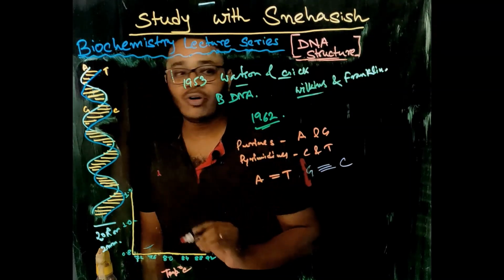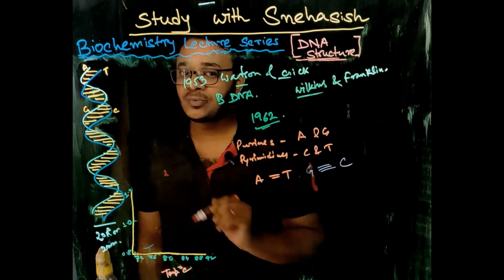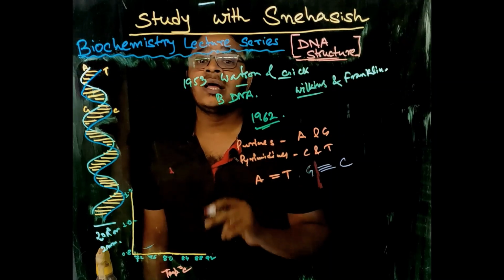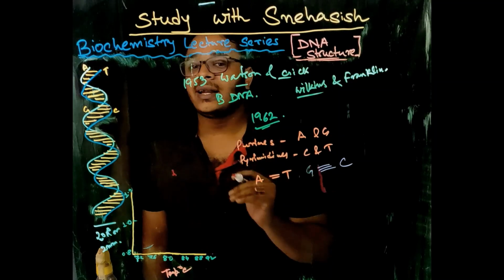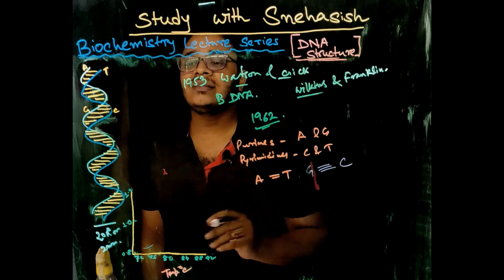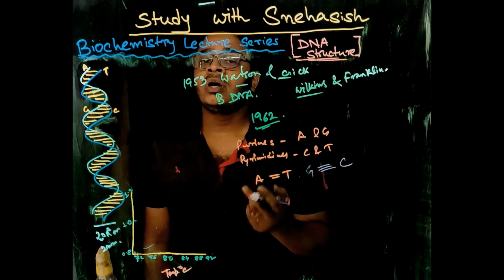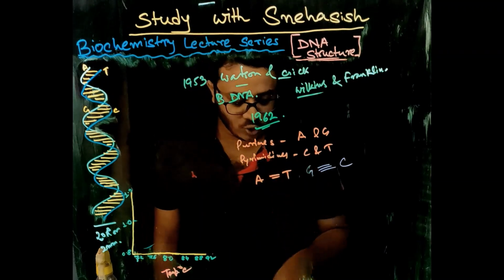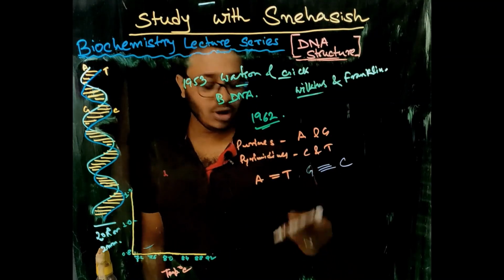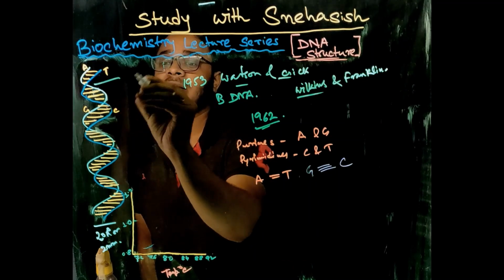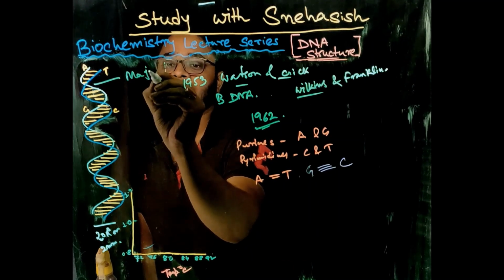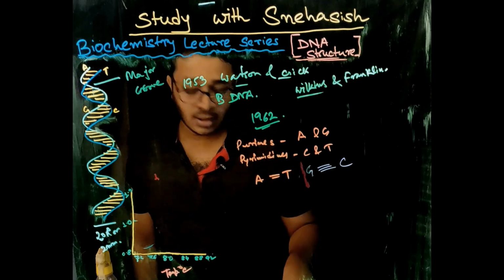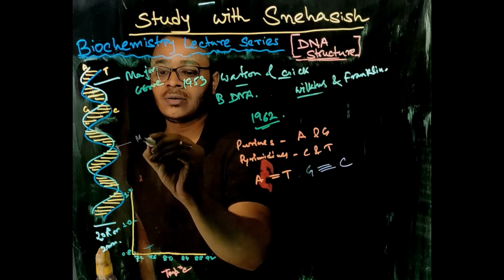Now this B form of DNA is 20 Angstrom in diameter. The hydrogen-bonded base pairs are not completely parallel, rather slightly tilted, which results in grooves during the formation of the helix. So there are two types of grooves in the B form of DNA. This is the major groove and this is the minor groove.